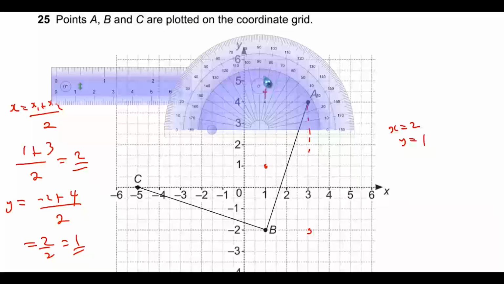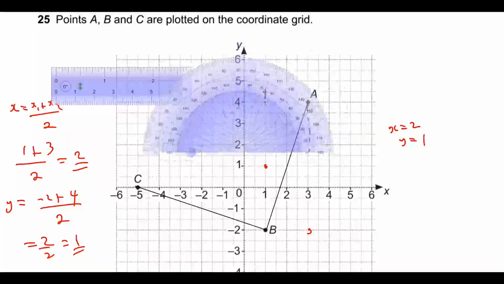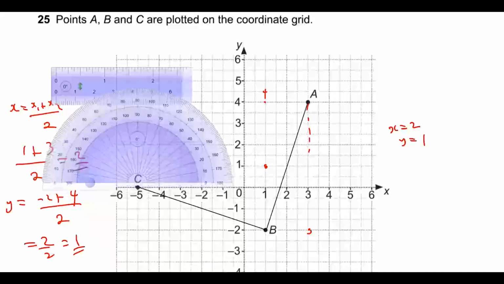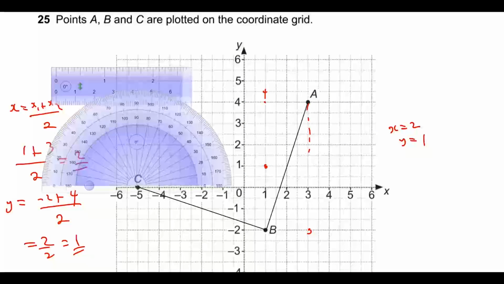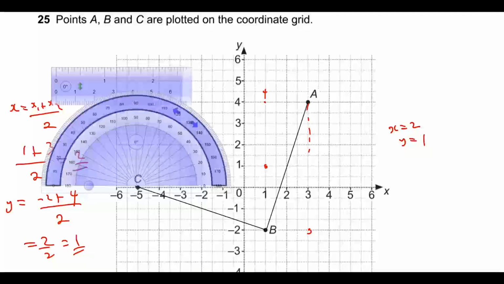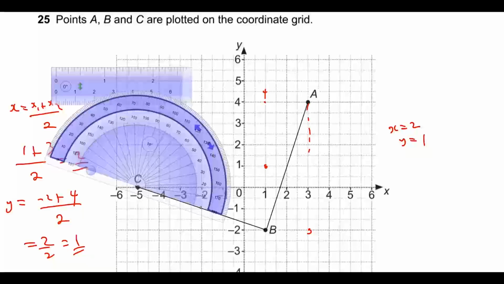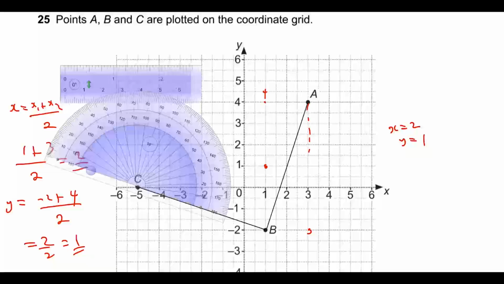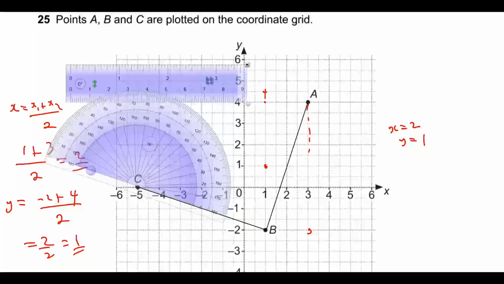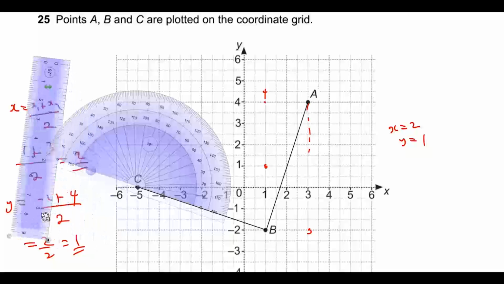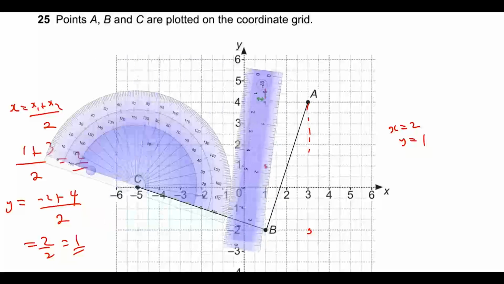So I can also reduce this as well. Let's place the protractor in such a way that the center of the protractor will be on point C, and then it will be at 0 degree like this. Then I can now pick the ruler. First of all, I need to measure the length of AB, because it must be equals to length CD.